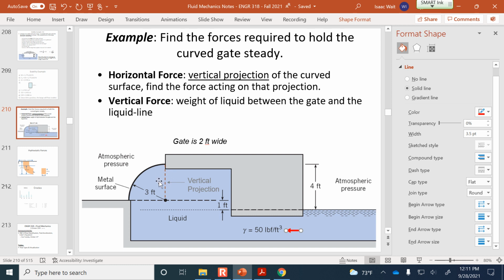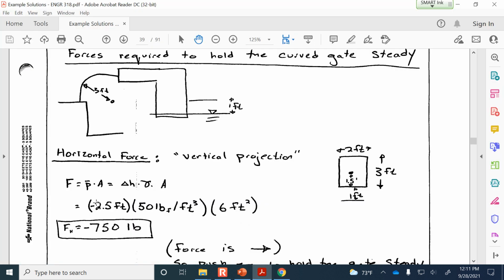So our vertical projection has a centroid at the middle of the 3-foot height. So it's 1.5 from this edge up to the centroid, and then 1 foot down from this edge to the projected liquid level. So that is why the delta H is 2.5 feet.